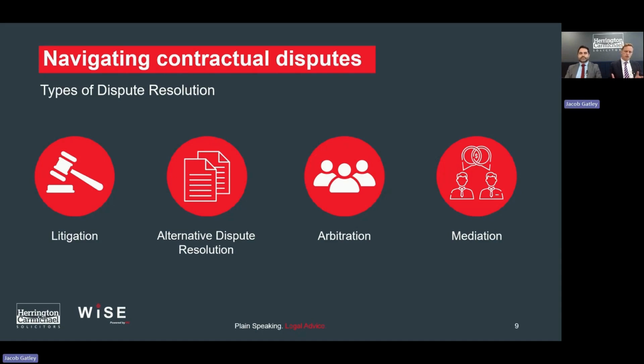And if that doesn't work or you want a more forthright approach, then we're very happy to assist you with that as well. So litigation will broadly have two main areas to cover: court proceedings, and then alternative dispute resolution, which is an umbrella for other means of avoiding or resolving disputes rather than going to court.